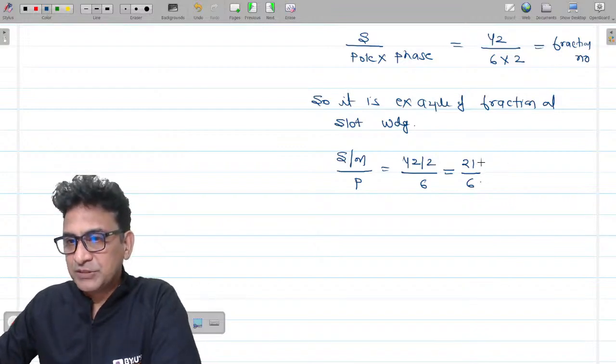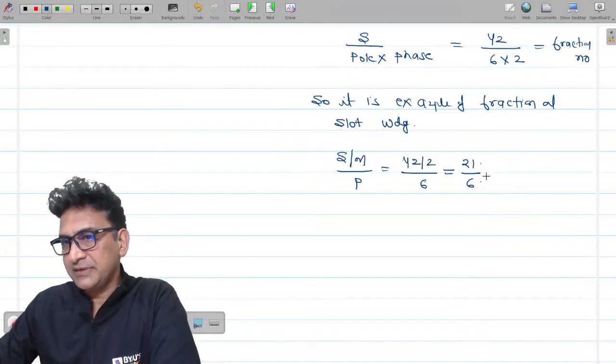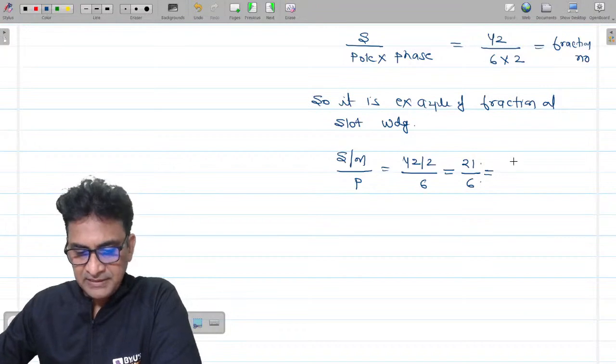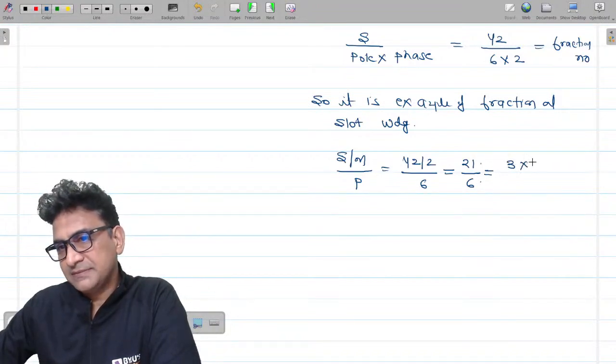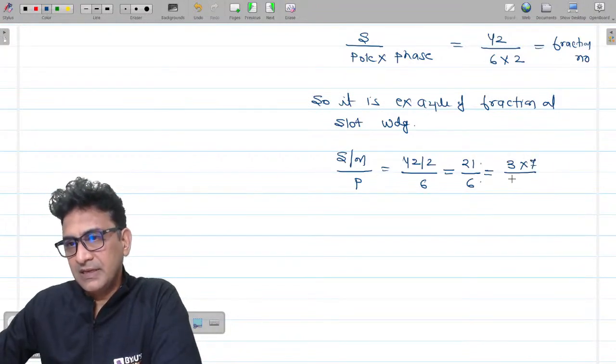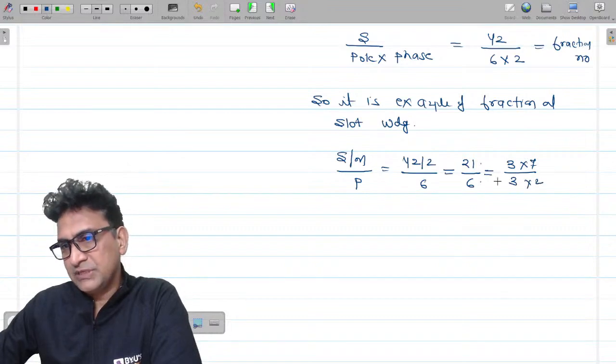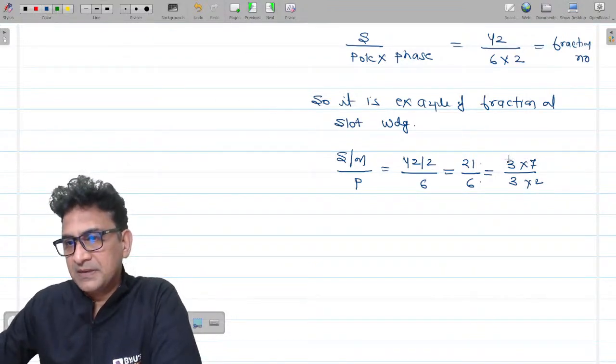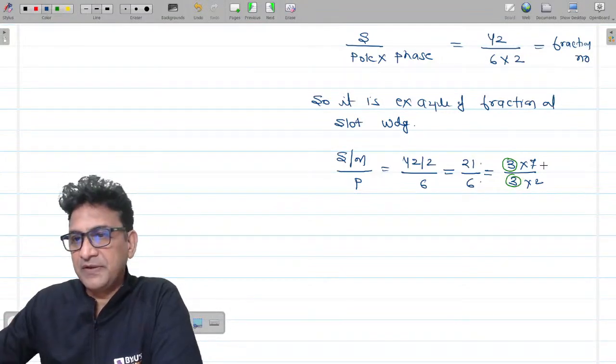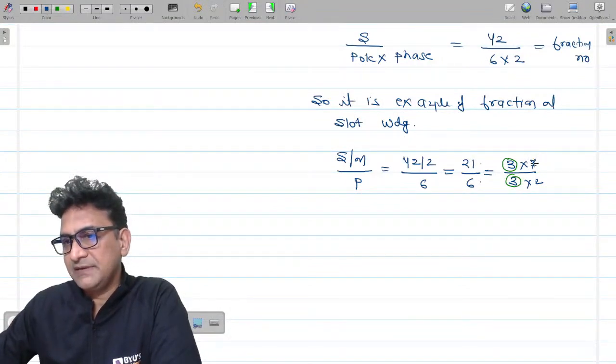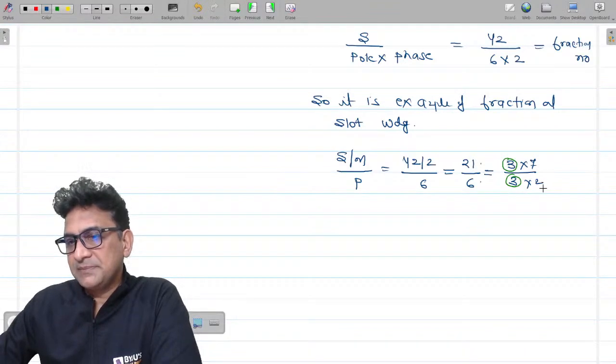Now I will find out the common factor between the numerator and denominator. What is the common factor? 3 into 7 and 3 into 2. So 3 is the common factor between numerator and denominator. If you remove the common factor, the numerator becomes 7 and the denominator becomes 2.